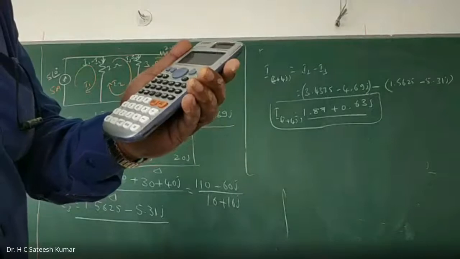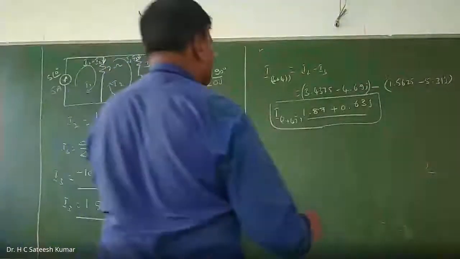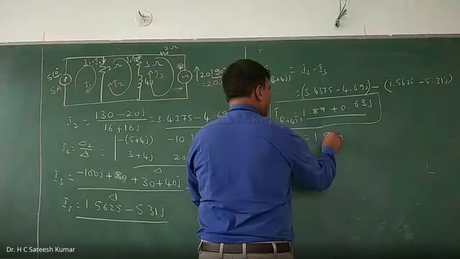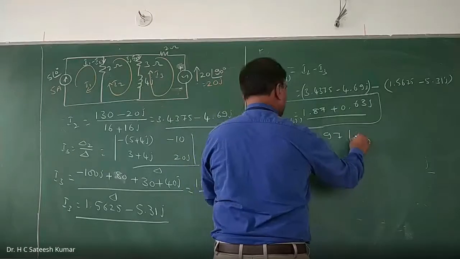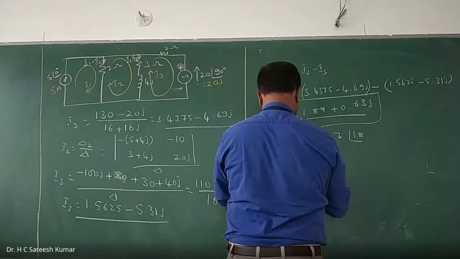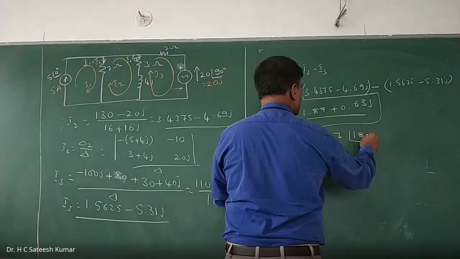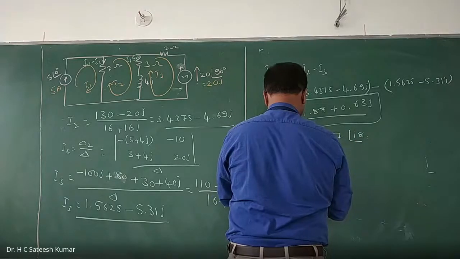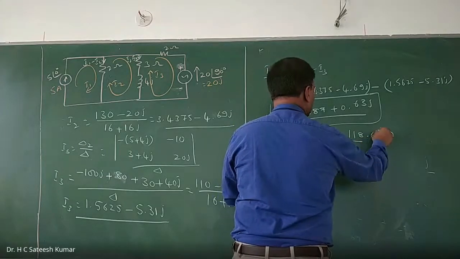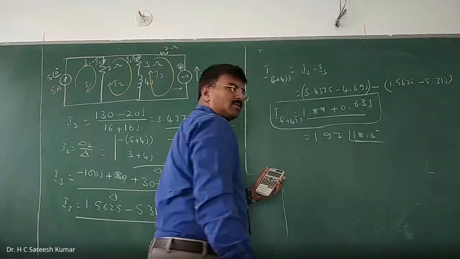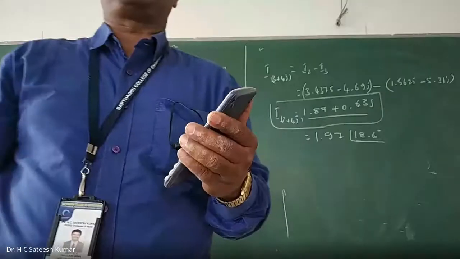You will get 1.97 at an angle of 18.6 degrees. So this is the polar representation.